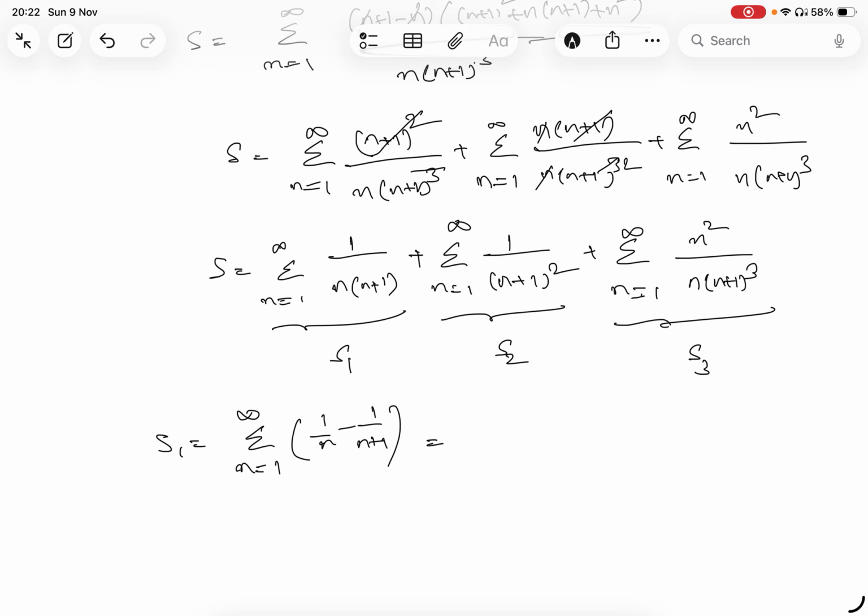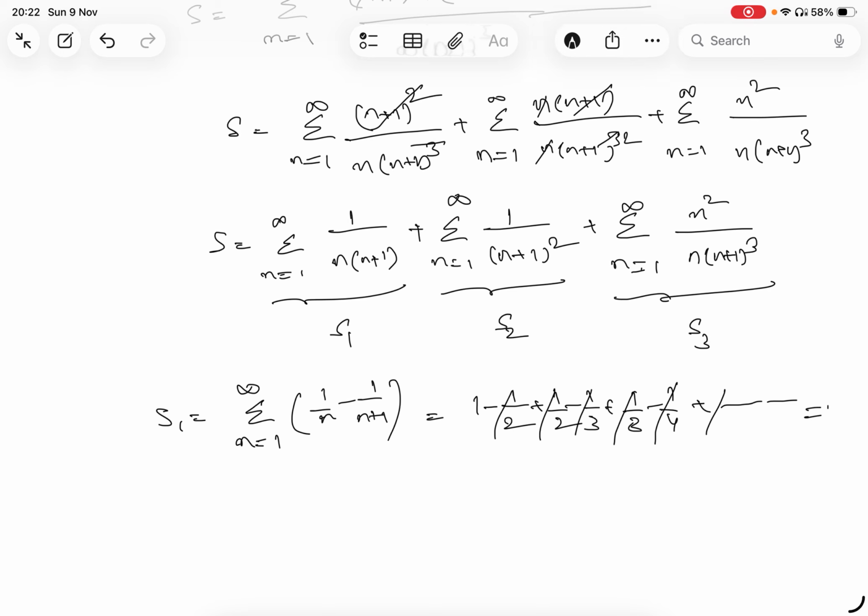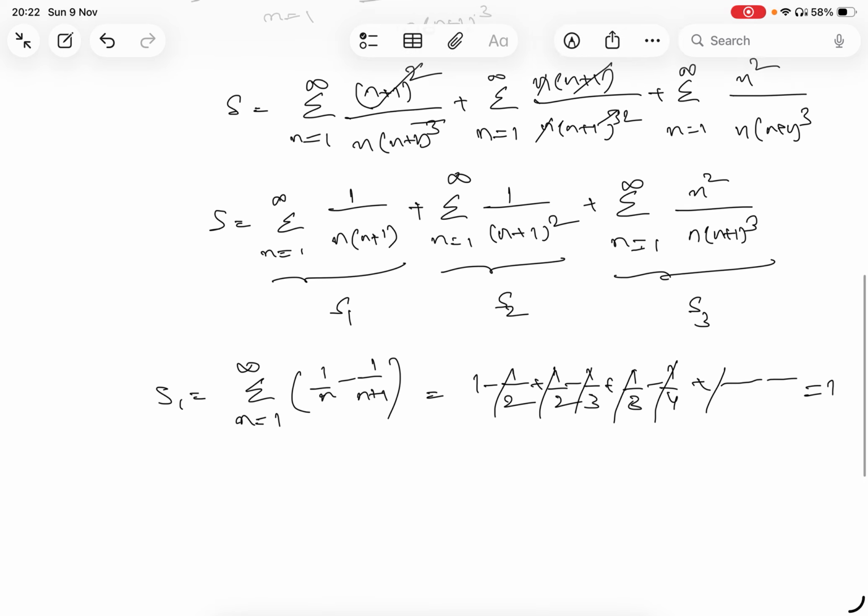If n equal to 1, this will be 1 minus 1 by 2. When n equal to 2, plus 1 by 2 minus 1 by 3. If n equal to 3, plus 1 by 3 minus 1 by 4, and so on. This will get cancelled, and you are left with only 1. So S1 is 1.